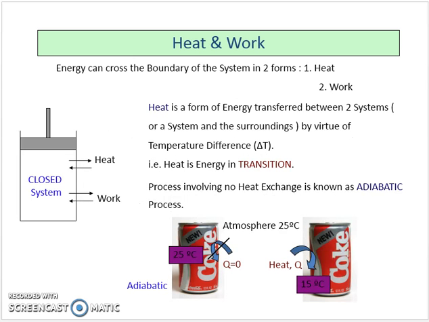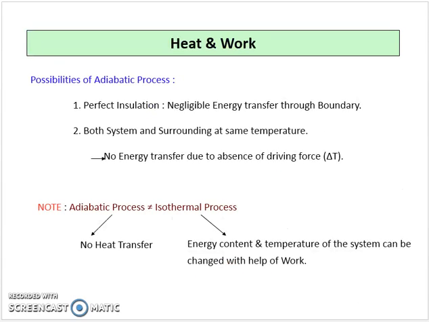Then heat and work. Energy can cross the boundary of the system in two forms, heat and work. Heat is a form of energy transferred between two systems by virtue of temperature difference. It is energy in transition. A process involving no heat exchange is known as an adiabatic process. The adiabatic process is not equal to an isothermal process.